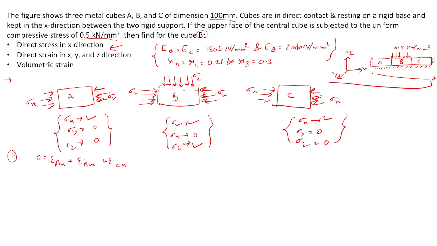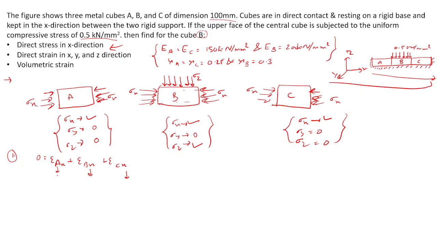So what is the loading condition of A? We will find the strain. Sigma y and sigma z are 0 here in A. Only sigma x is there, and that one is the compressive one, right? Because this is compressive, it will try to expand, but it is not possible, so compressive stress will come due to reaction.